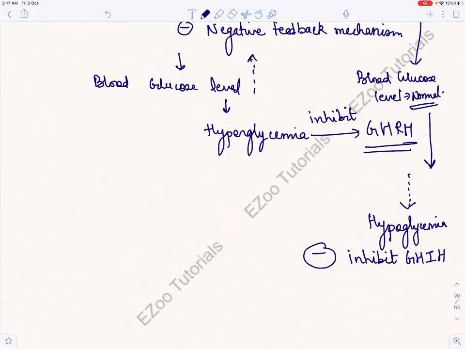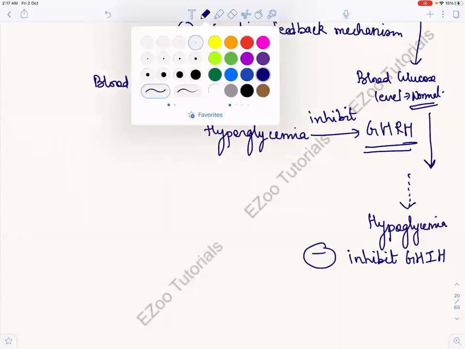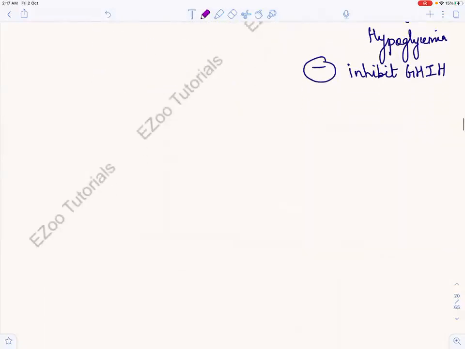Now let us do the other one, right? The other hormone. The other hormone is what? Now the other hormone is thyroid stimulating hormone, also known as thyrotropin, and it is secreted by what cells? Thyrotropes, right? And it is secreted by thyrotropes. कौन इनको stimulate करता है?